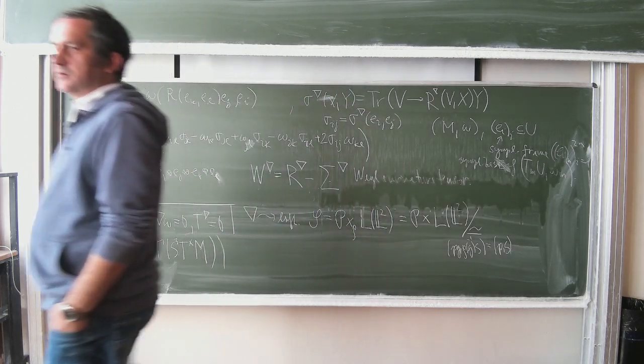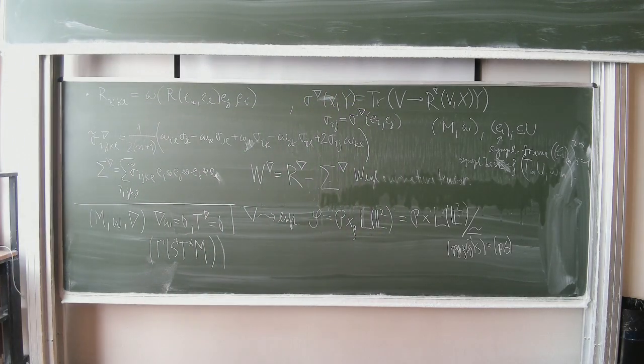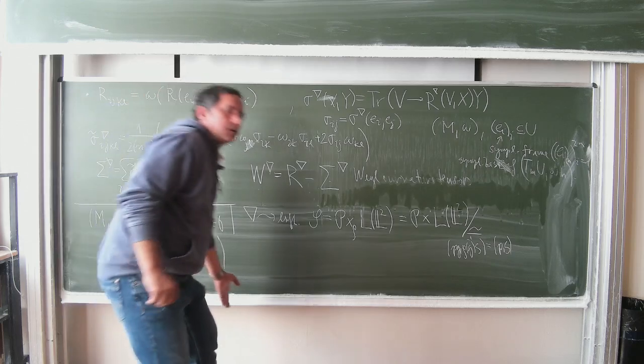P was what? P is already the double cover of the bundle of symplectic frames. So now the machinery of bundles comes into play in a very standard way.